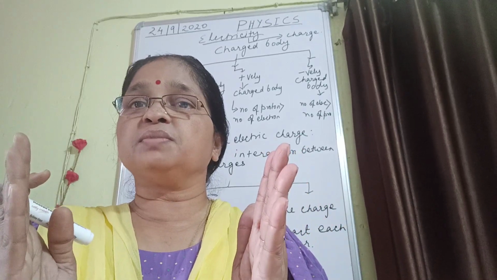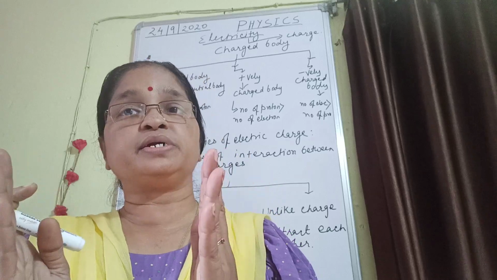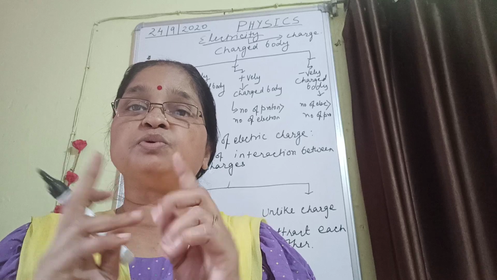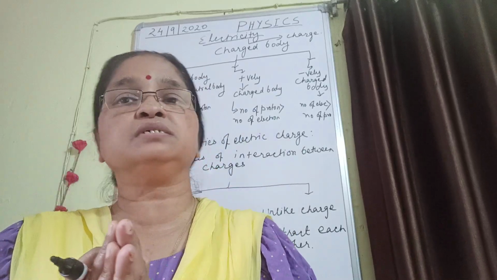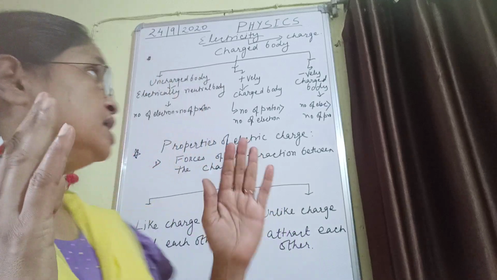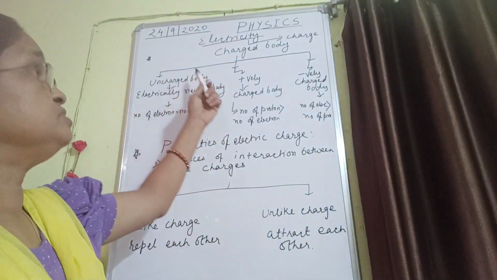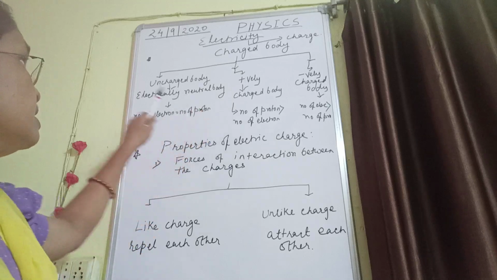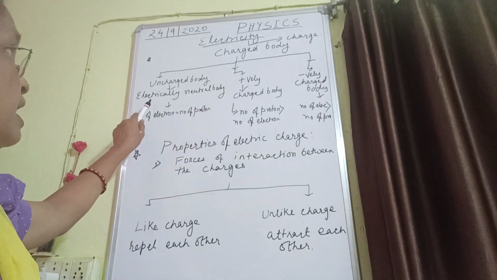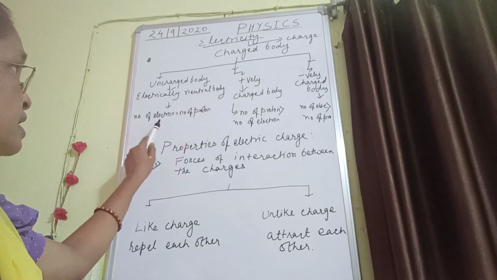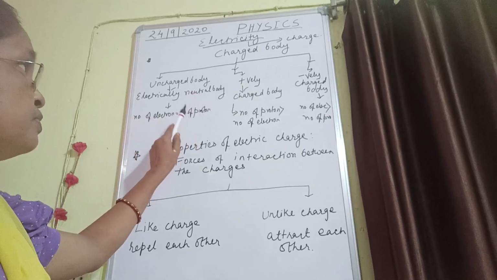The total number of electrons is equal to the total number of protons in the body. That means both the negative and positive charge are equal. So, when both the negative and positive charge are equal in any body, that body is known as an electrically neutral body, where the number of electrons is equal to the number of protons.